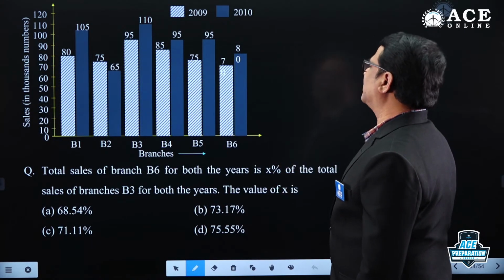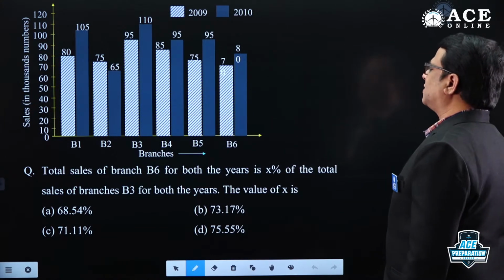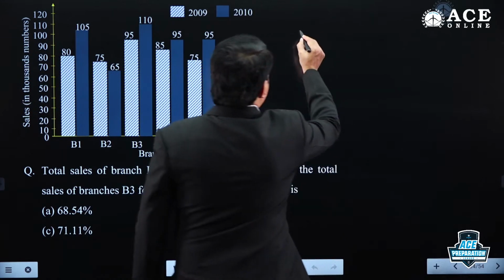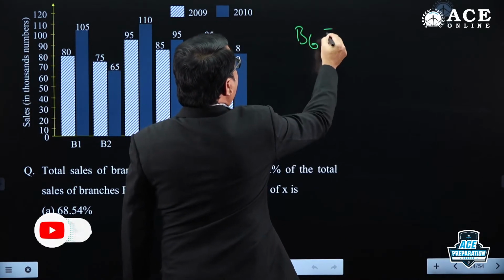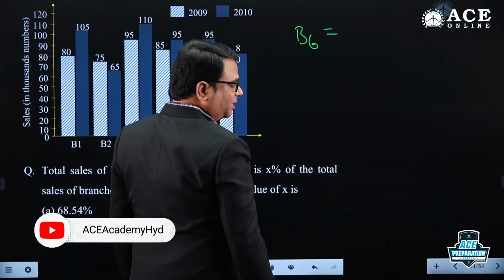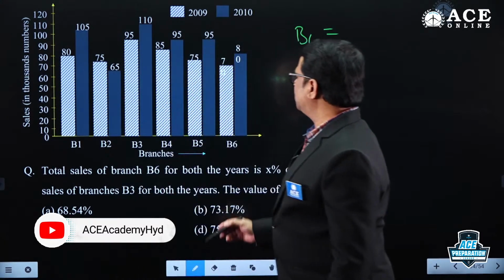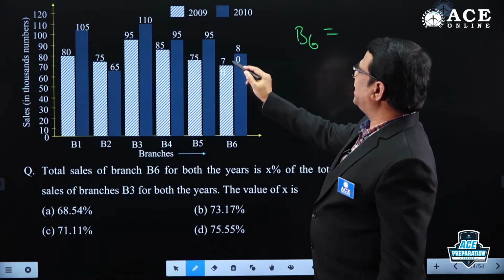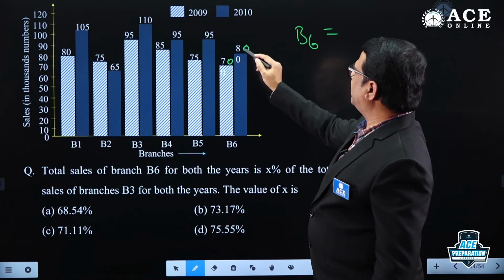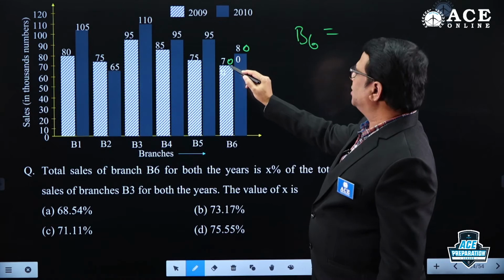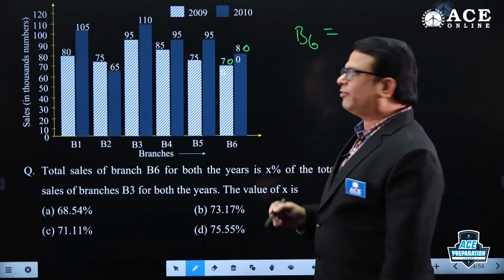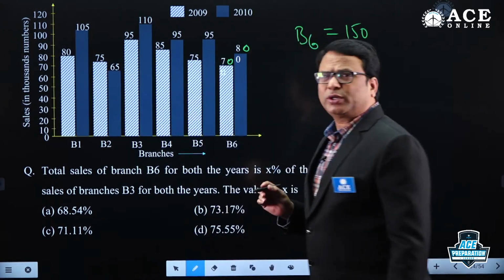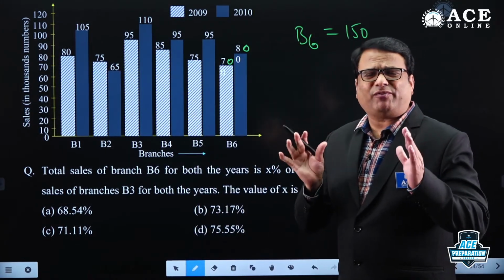So the value of X is... total sales of branch B6 for both the years, how much? 70, this 0 has come inside, so I just put it here, 0, 0. So 70 plus 80, 150. So total sales of B6 is 150.